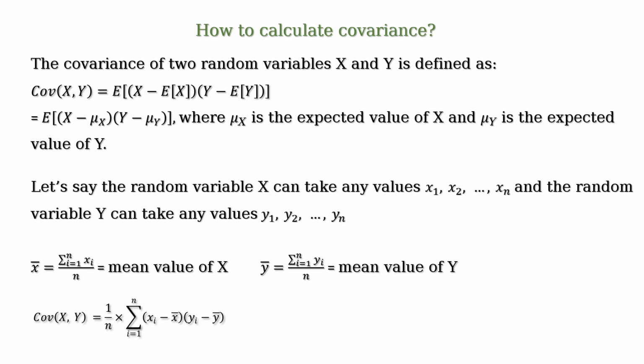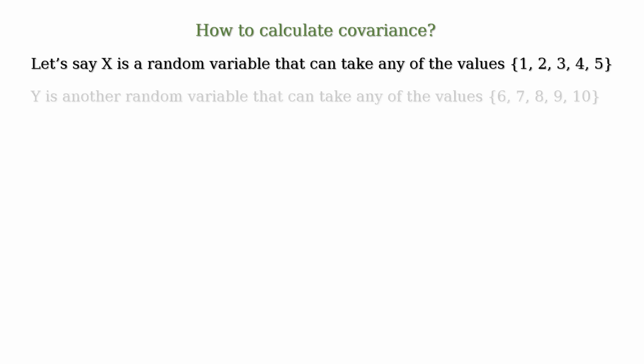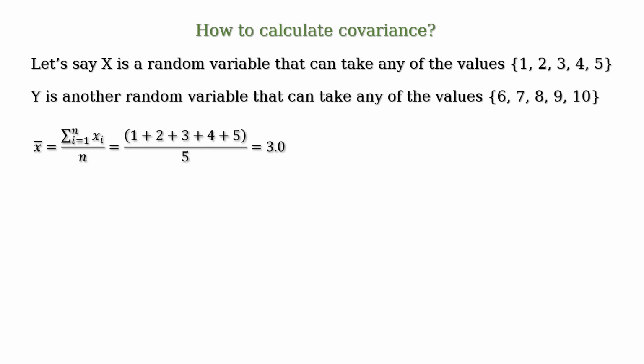Let's look at a simple example. Let's say x is a random variable that can take any of the values 1, 2, 3, 4, 5, and y is another random variable that can take any of the values 6, 7, 8, 9, 10. So, x bar is equal to summation from i equal to 1 to n xi by n, and this is 3.0 after calculation.